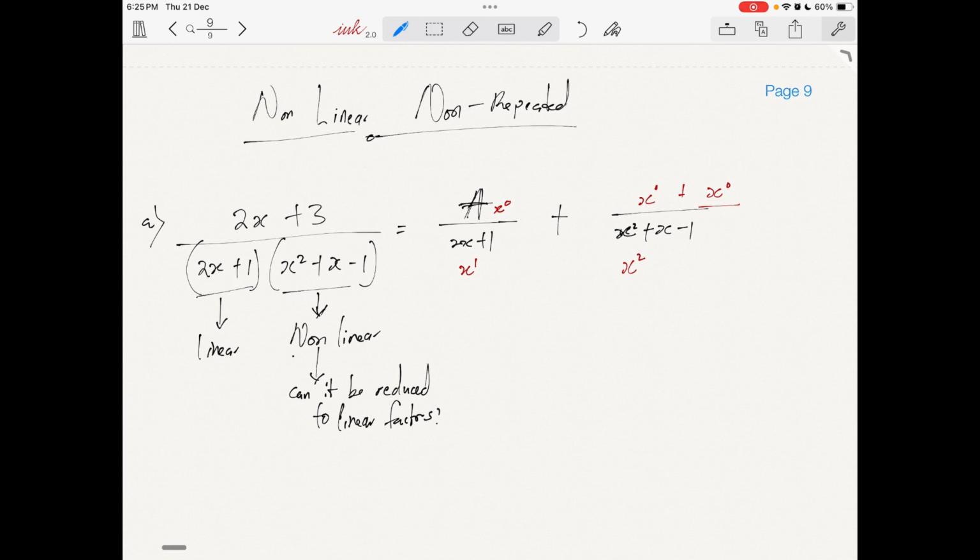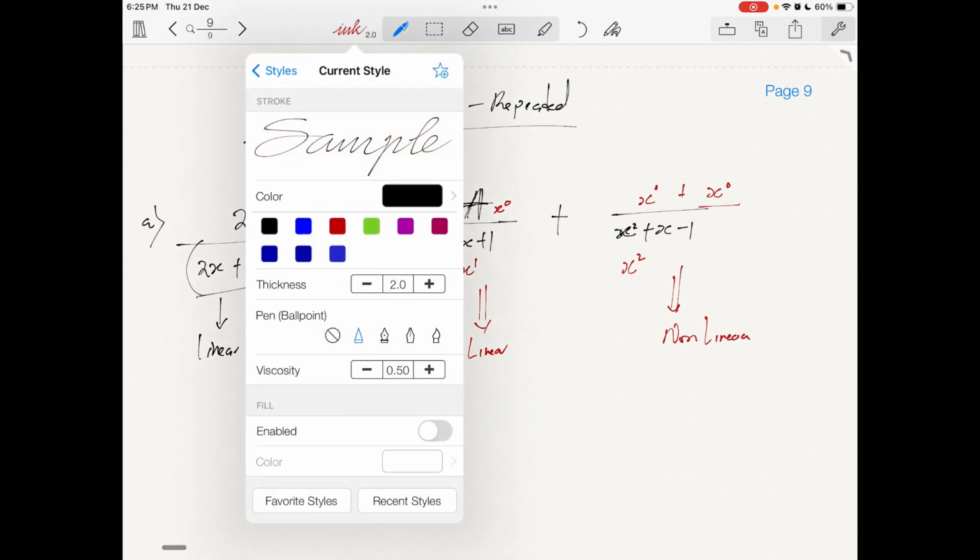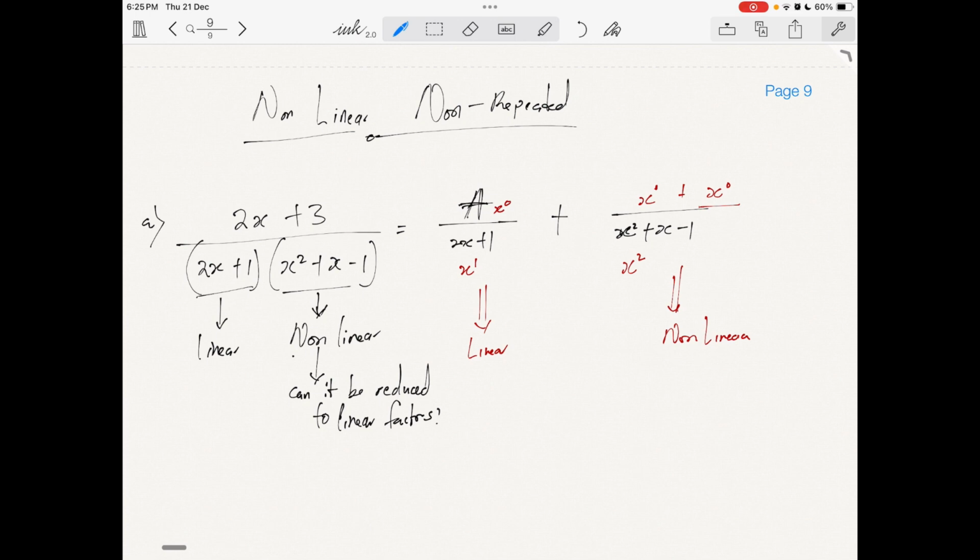So we are trying to bring a new concept into this. This one was linear, and this one is non-linear. What happens when we have x raised to power 1 and x raised to power 0? We started with A, good.